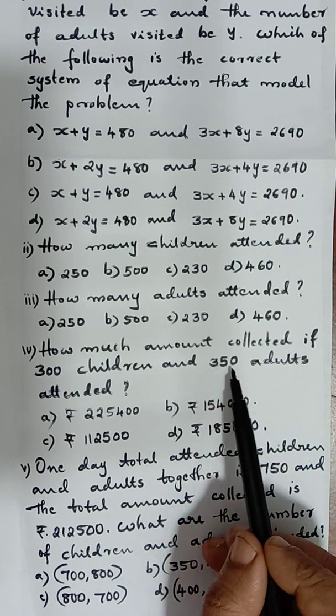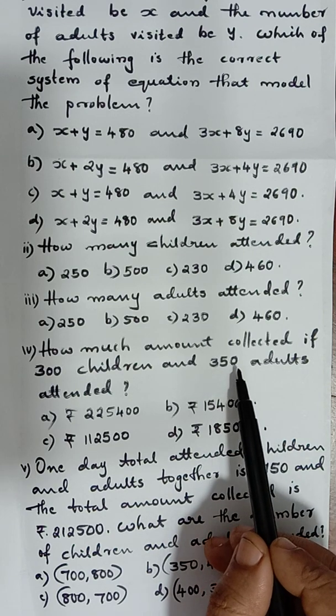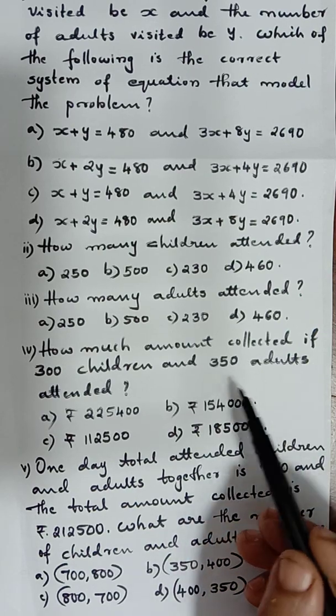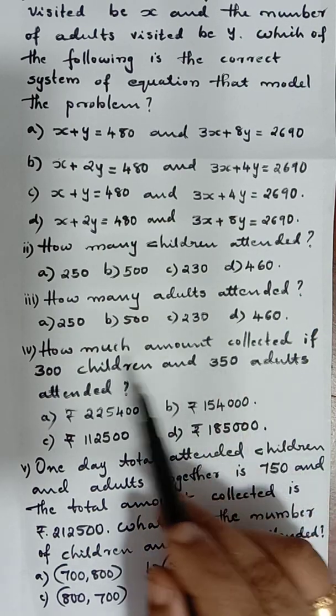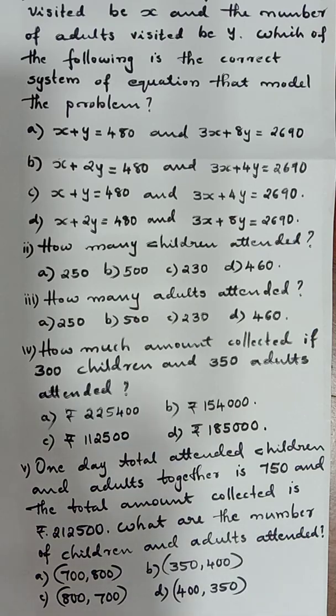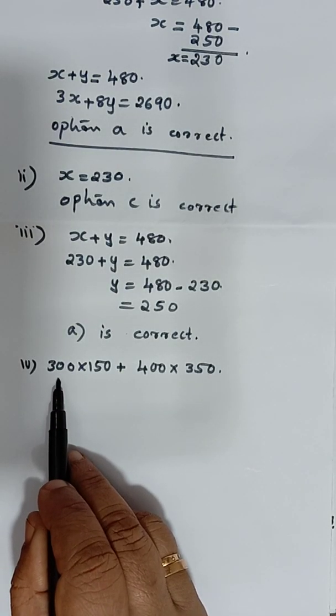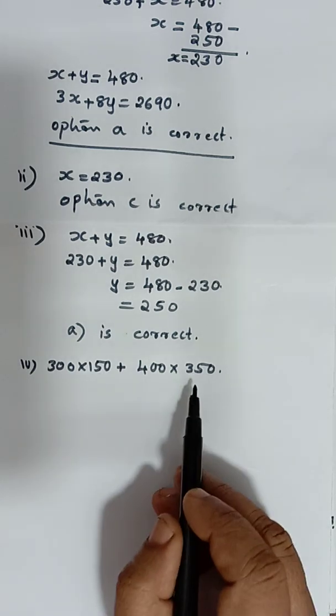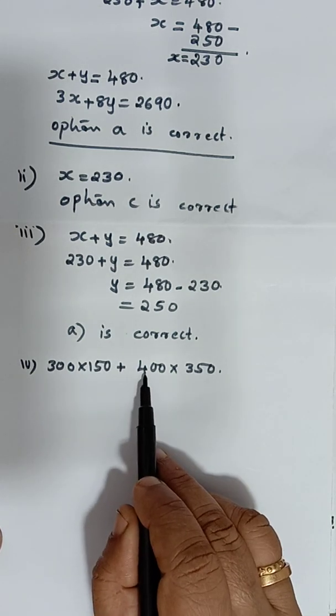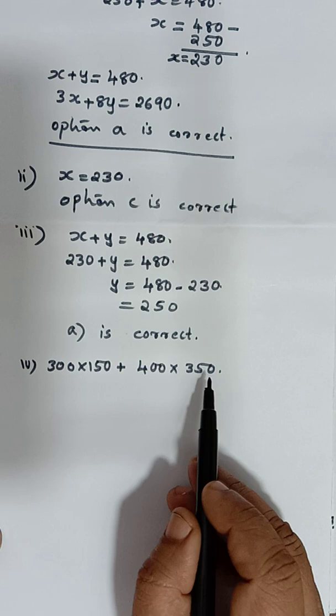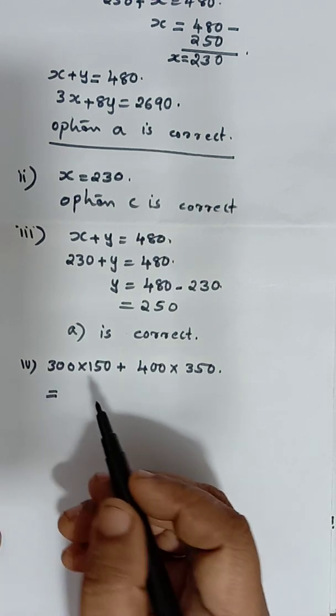So 400 into 350 will be the cost spent for adults. Altogether we have to find out. For 300 children we have to spend 300 into 150. Then for 350 adults we have to spend 400 into 350. So what will come as the total?